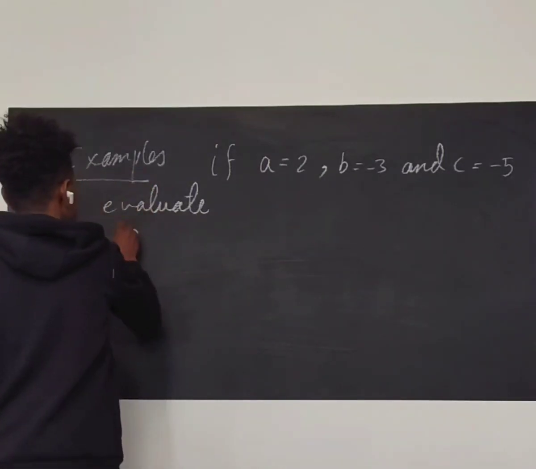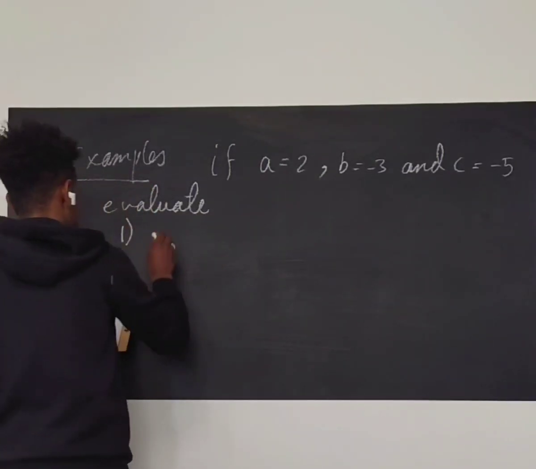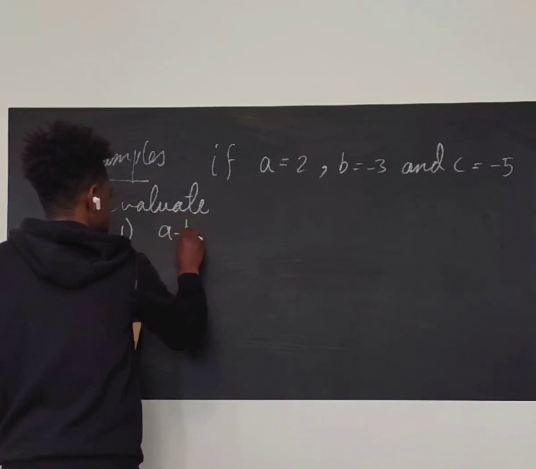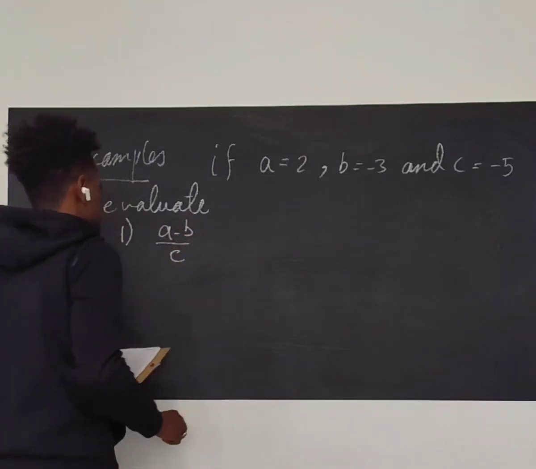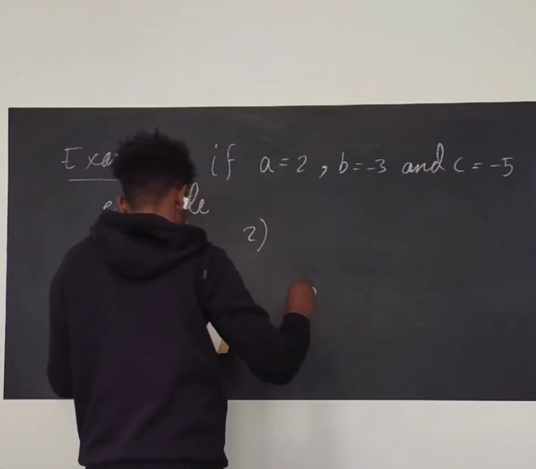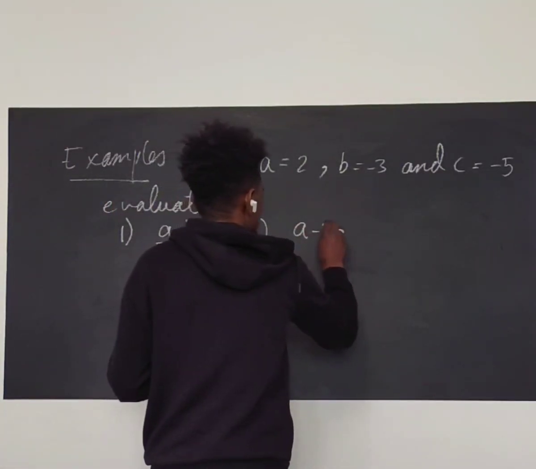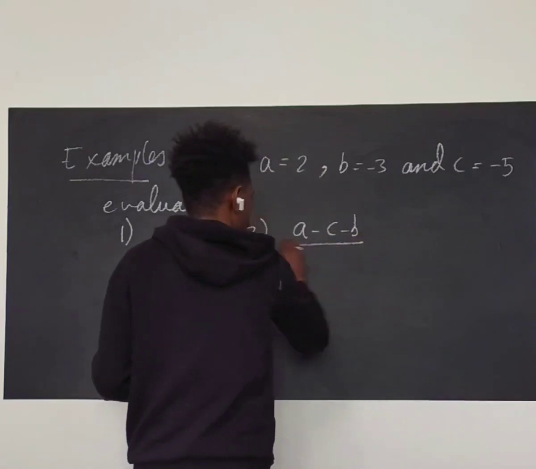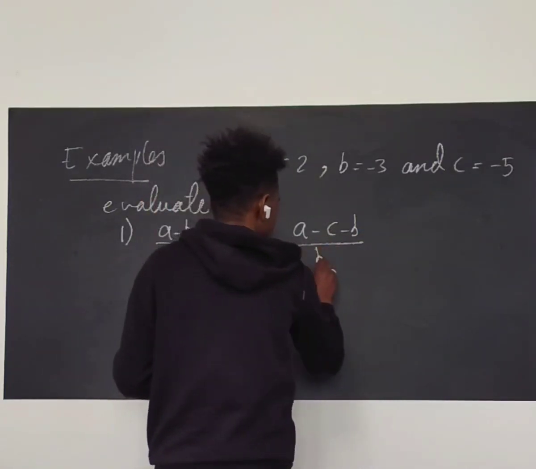Number 1, a minus b over c. Number 2, a minus c minus b over b minus a.